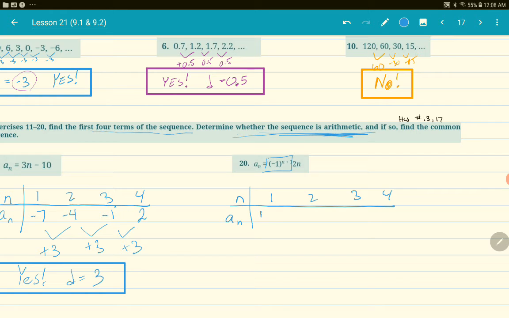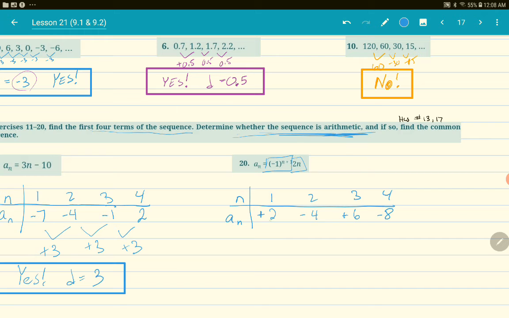So I know I start with a positive, and it's going to alternate, so it goes positive, negative, positive, negative. And then 2n, 2 times 1 is 2, 2 times 2 is 4, 2 times 3 is 6, 2 times 4 is 8, and that's all negative.